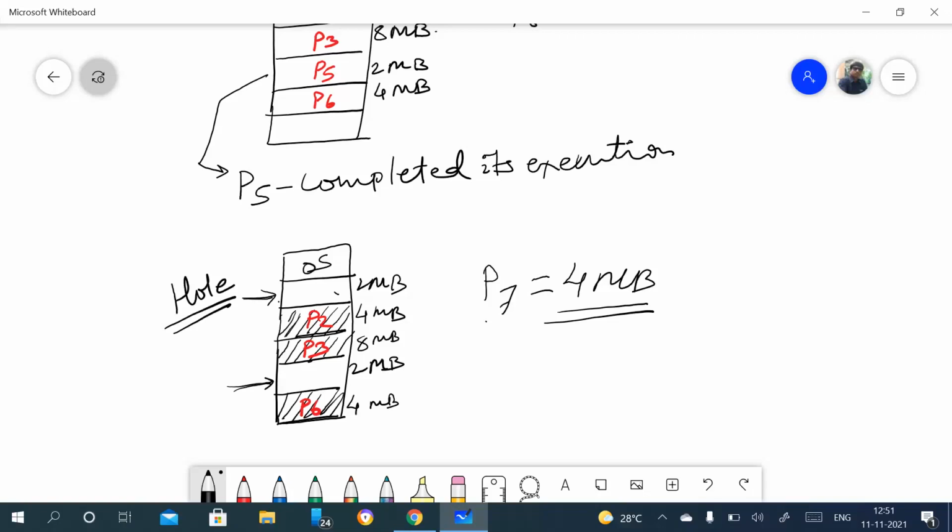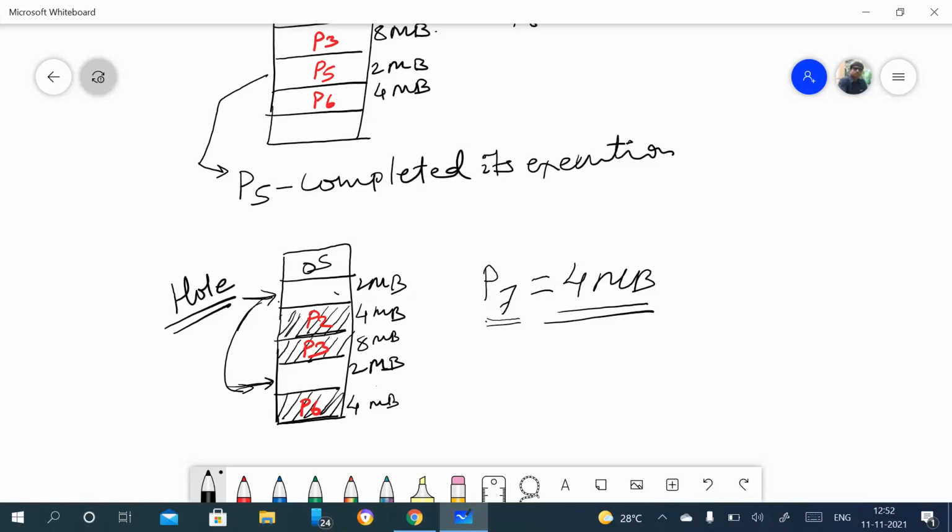To remove this drawback, we need to club these two memory blocks. Then we can say that 4 MB is free. But right now a hole has been created of size 2 MB and 2 MB, and the requirement of our process is 4 MB, so we cannot keep it anywhere.